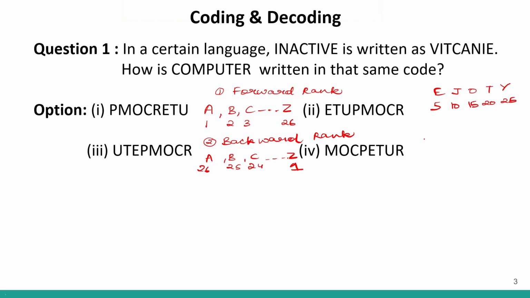And one more concept is that the sum of forward rank and backward rank is always 27. So if you are given the forward rank of a certain alphabet and you have to find the backward rank, you can simply subtract it from 27. Similarly, if you need to find the forward rank of an alphabet, you can simply subtract the backward rank from 27.